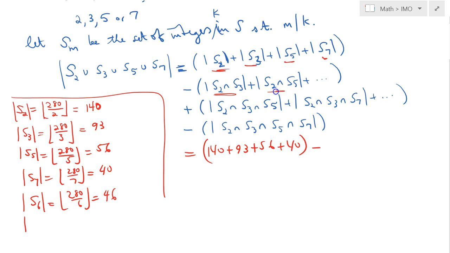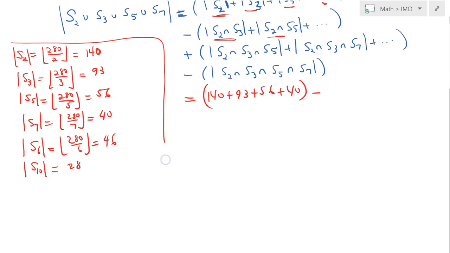Next one would be 2 and 5, which is S sub 10. This one is 28, obviously. I don't need to make any calculation here. Then divisible by 2 and 7 at the same time, that would be S sub 14. That one is also easy to calculate, which is just 20.